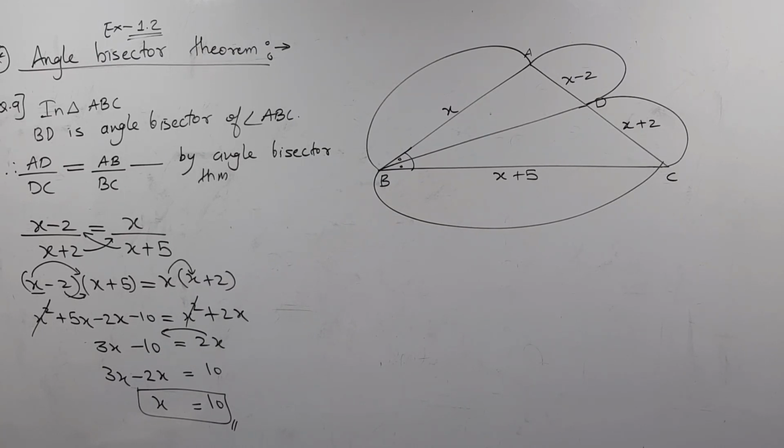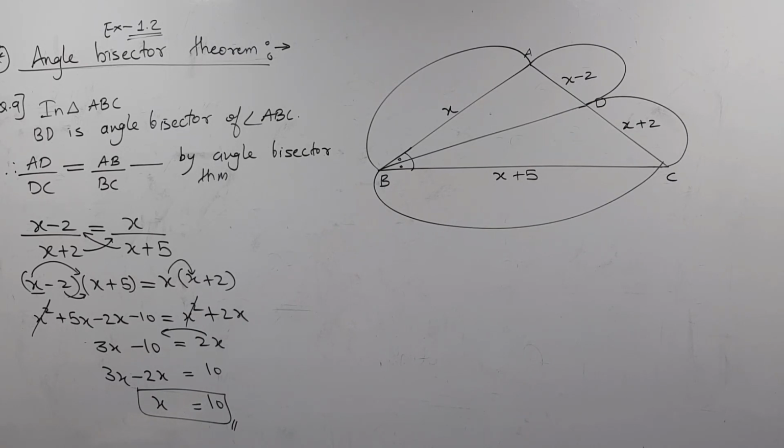Students, let us open the bracket. x into x, x square, plus 5 into x, 5x. Now minus 2 into x, minus 2x, minus 10. x into x, x square, x into 2, 2x. x square cancels. 5x minus 2x, 3x, minus 10. Here we are left with 2x. Now what will we do?